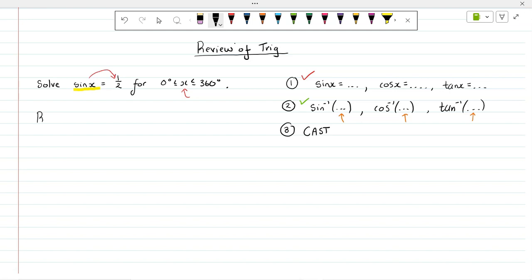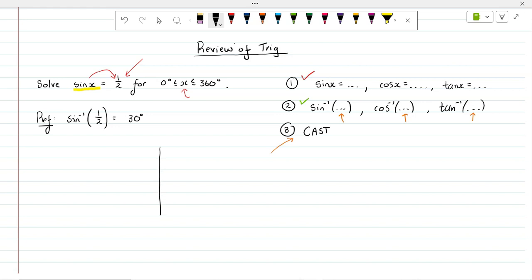So the reference angle is going to be arc sine, and we always take the positive value of whatever's on the right side. Here, a half is already positive, so that's all good. Arc sine of a half is 30 degrees. So that's our reference angle. That's the angle that we're going to use to now go get our solutions in the CAST diagram in step 3.